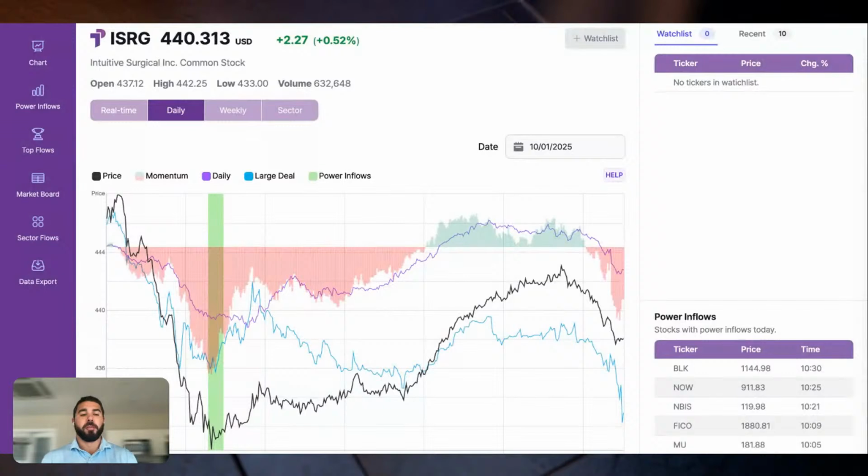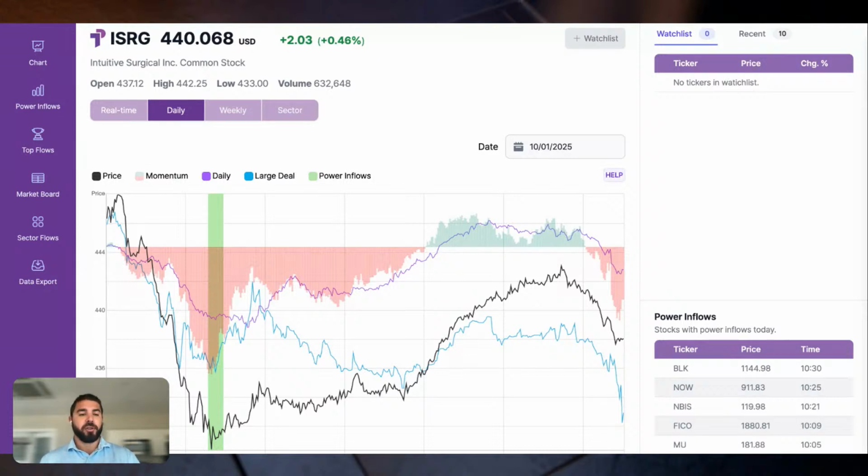So we'll pull up an example here. We'll go through a stock from yesterday, show you how the data presented itself and how the stock reacted to it, just to further illustrate how you can utilize our platform to see these types of reversals in real time.